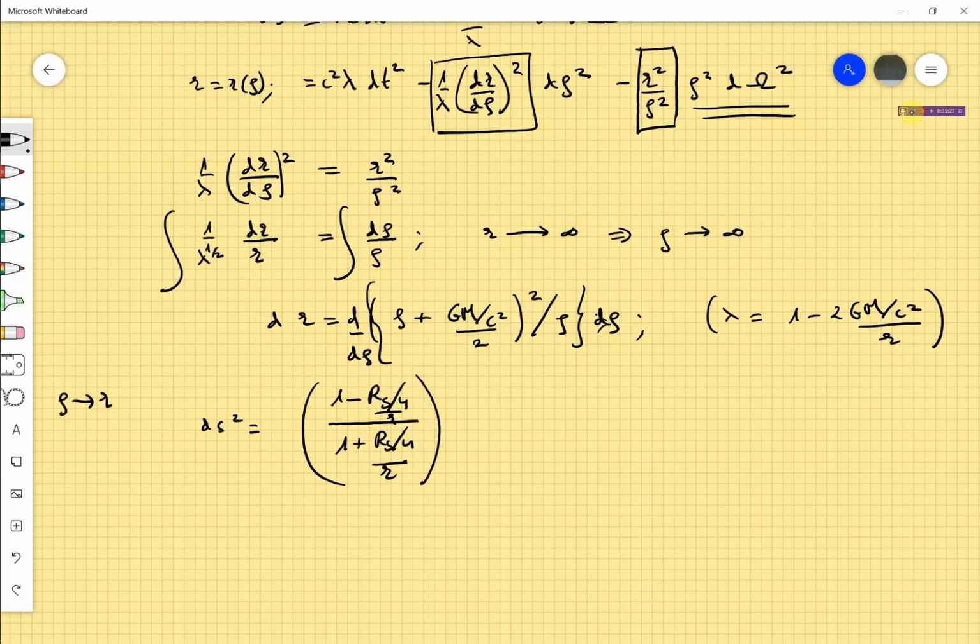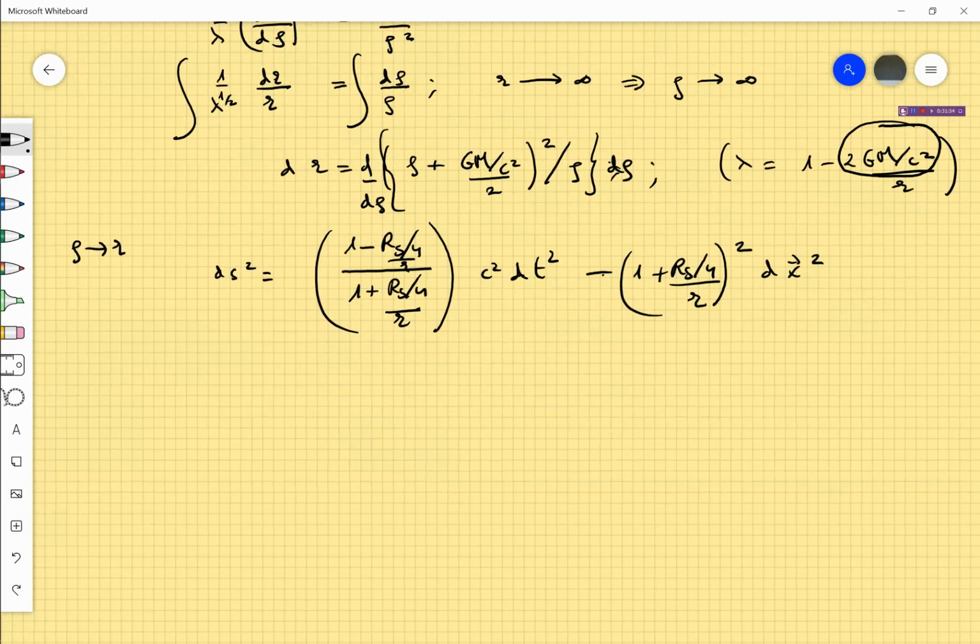So c squared dt squared, rs is the Schwarzschild radius, so it is this constant, 2GM over c squared, plus (1 plus rs divided by 4r) squared, okay, and with a minus in my conventions, of course, and the dx squared.